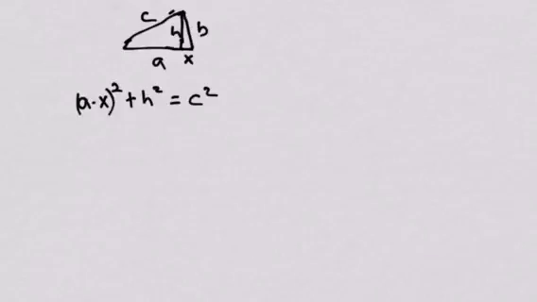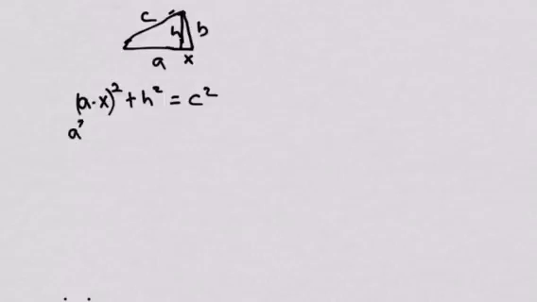Let's try to think about how we can proceed trying to eliminate as many unknowns or variables as we can. Let's go ahead and FOIL out a minus x squared.